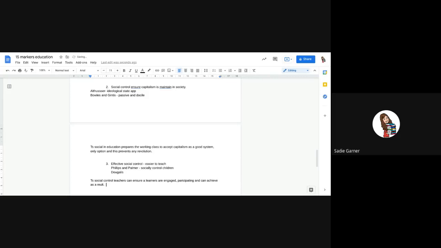So if there is effective social control, what it can ultimately mean is that they can be engaged, that they are participating and are more likely to perhaps complete homework. I'm a bit obsessed, aren't I, with homework and revision, which will make them more successful. It does always make you more successful.